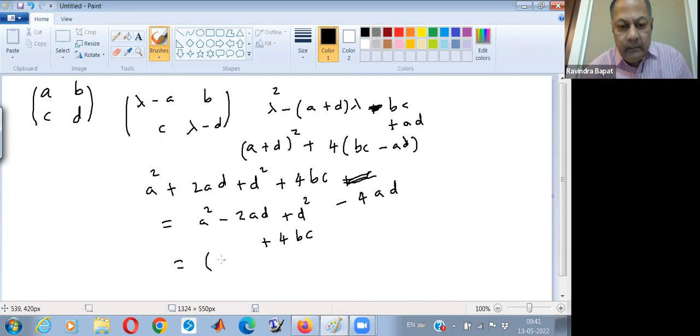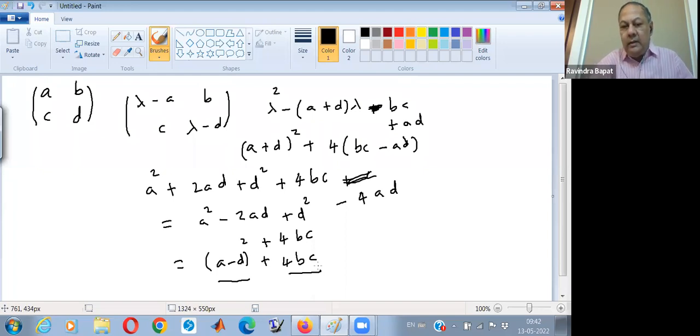And so this is (a minus d) squared plus 4bc. Now you see where the non-negativity comes in. So far non-negativity has not played any role, or actually I'm assuming they're positive right now. Even non-negative will work. Because of that, you know that the first term is definitely non-negative. And the second term, because b and c are non-negative, is non-negative.